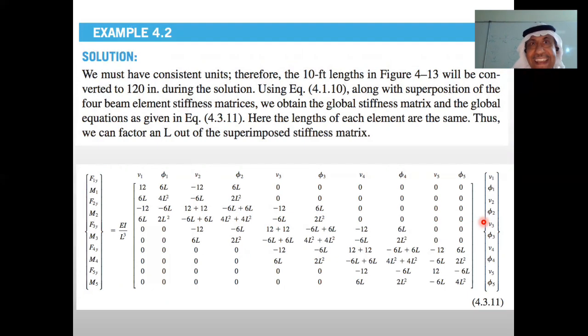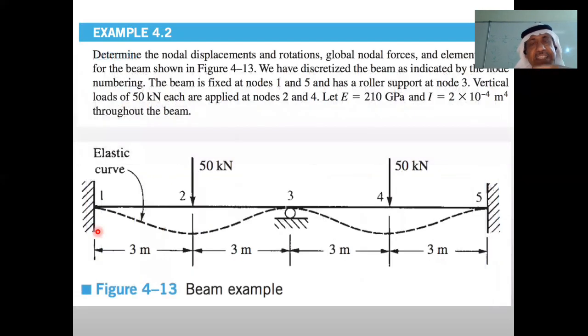Look, 10 by 10. We assemble, we did everything. You can use Mathematica to do this, right? Do you know Mathematica? Yes. Okay. And then you add them up, and this is 10, and this is 10. Very easy. And then you put it, okay, it's 10 by 10. You will extract how many?